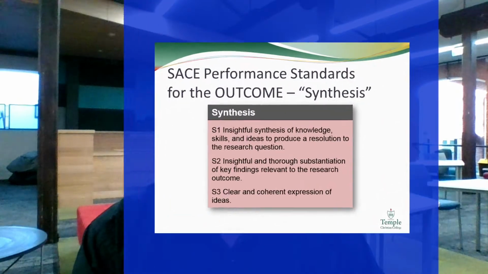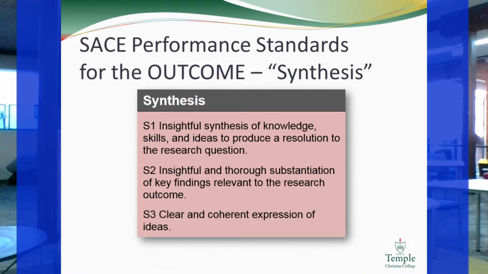So looking at those a bit closer, S1 is insightful synthesis of knowledge, skills, and ideas to produce a resolution to the research question. S2 is insightful and thorough substantiation of key findings relevant to your research outcome. And S3 is clear, coherent expression of ideas.